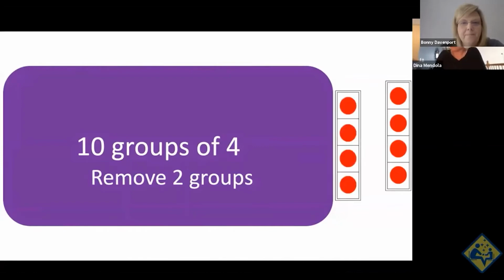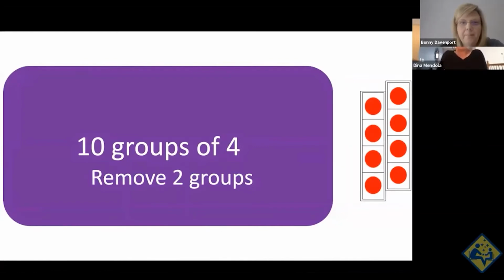I'm going to take the second group away. So what I would do is I'd do 40 minus 8. And when I do 40 minus 8, that would be both strips together because 4 plus 4 is 8. And then when I do 40 minus 8, I would get 32.